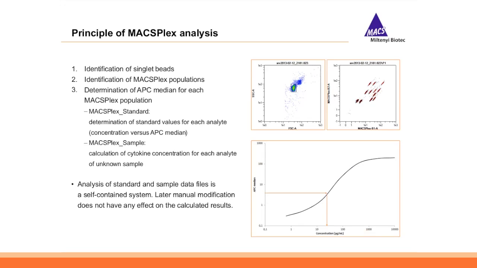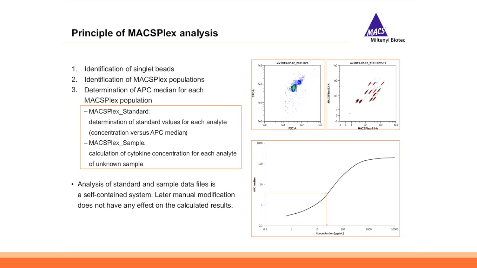So, coming back to the principle of analysis, this is a slide I've shown you before, and I now changed it a bit. So again, the principle of the analysis starts with the identification of the singlet beads and the identification of the bead population. This all is done by the Express Mode. The third step is to determine the APC median for each MACSPlex population. And here, the 2 MACSPlex Express Modes, the standard and the sample one, work together.